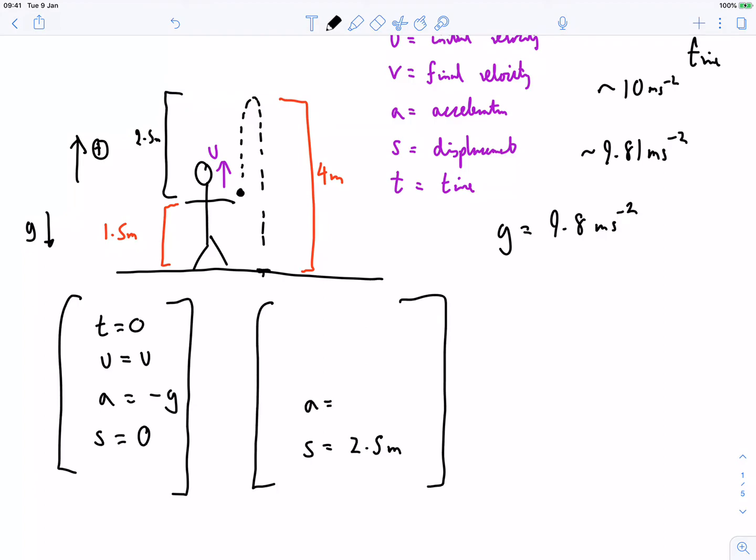The acceleration is still acting downwards. What's the velocity saying? The velocity is instantaneously zero. It's paused ever so slightly in the air. It's gone from a positive speed, less positive, less positive, less positive, zero, and then it starts to get faster going down. We say instantaneously at rest.